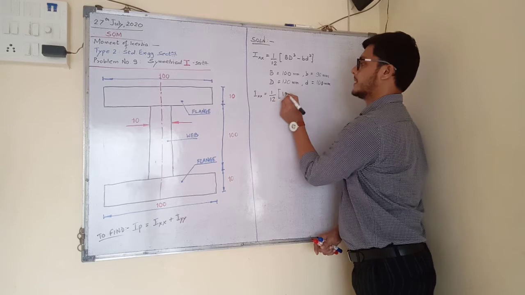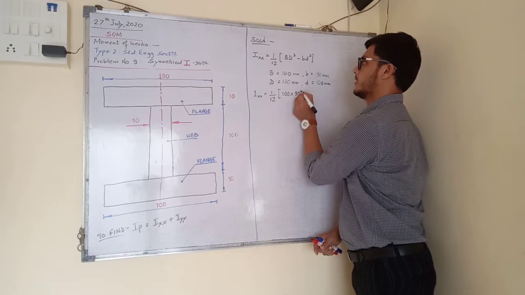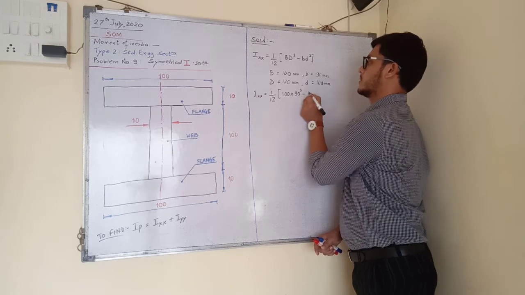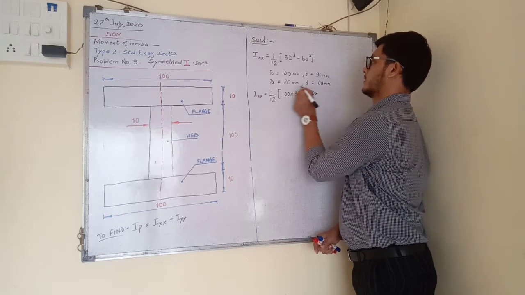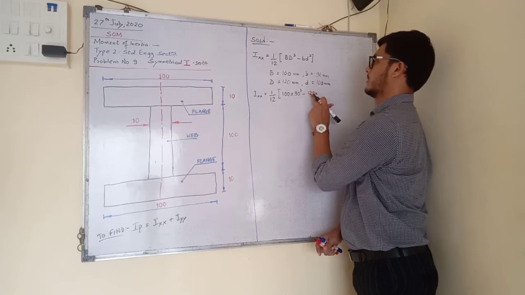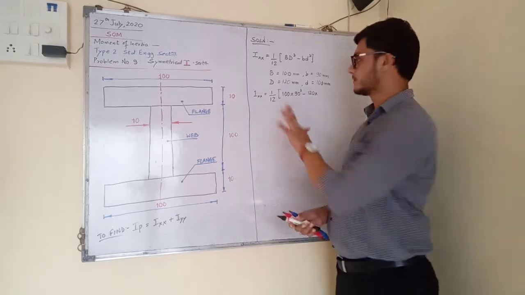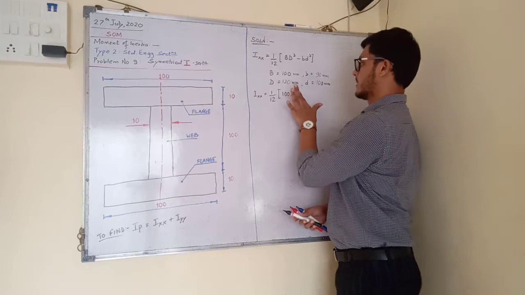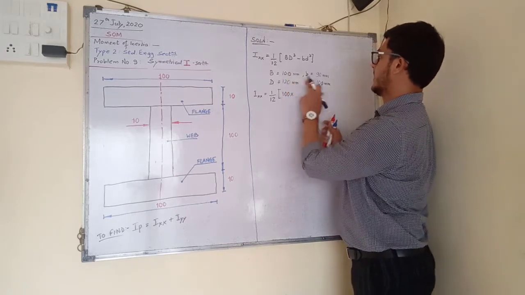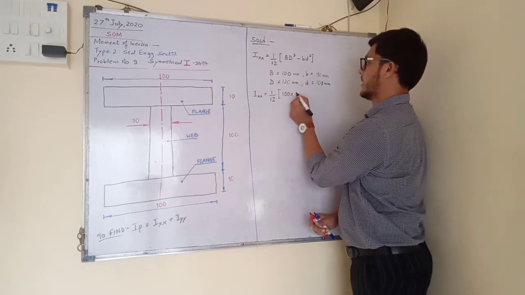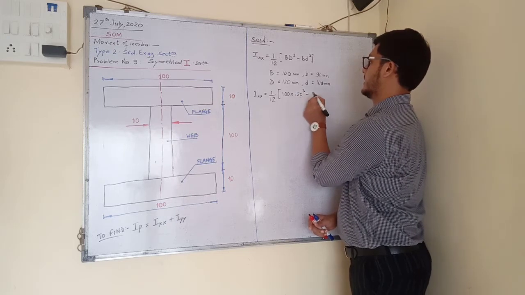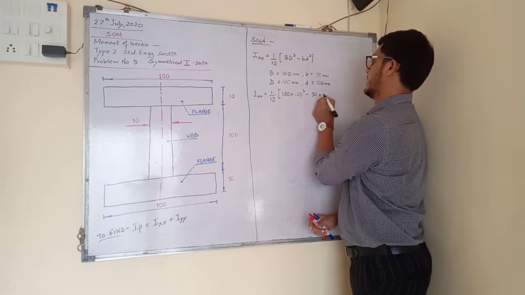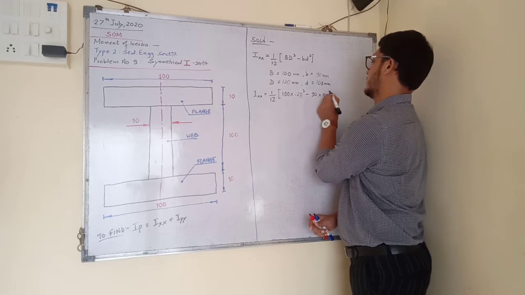bracket, capital B is 100, capital D is 120 cube minus small b is 90 and small d is 100 cube.